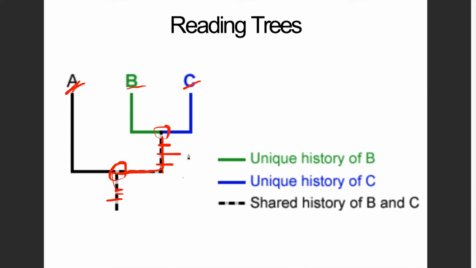But as you can see here, these ancestors are much more recent than the ancestors in here. That's the meaning of the length of these branches here. So as you can also see here, there is this circle point that I have already told you.